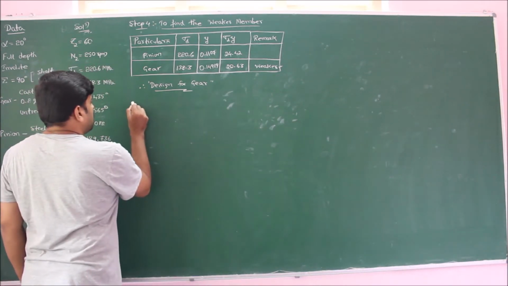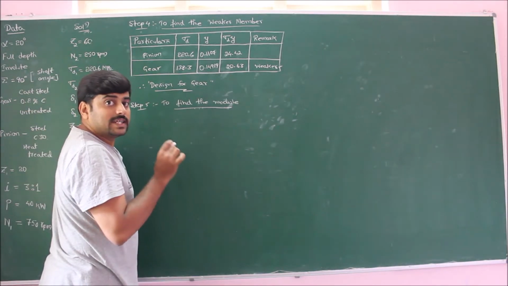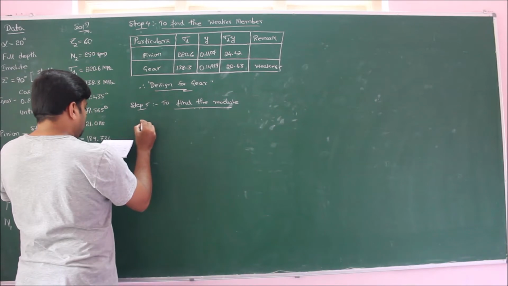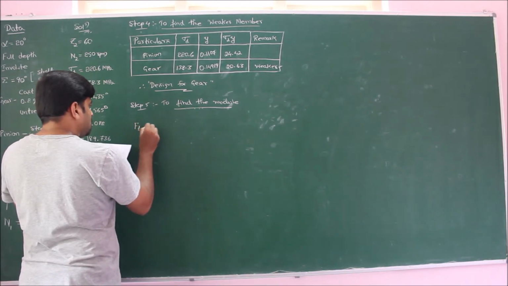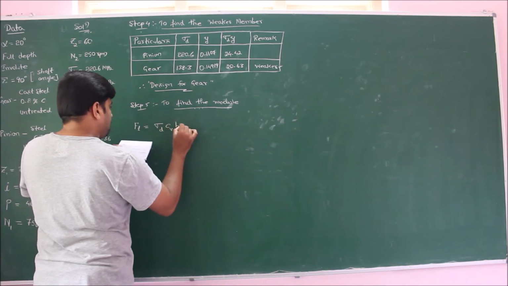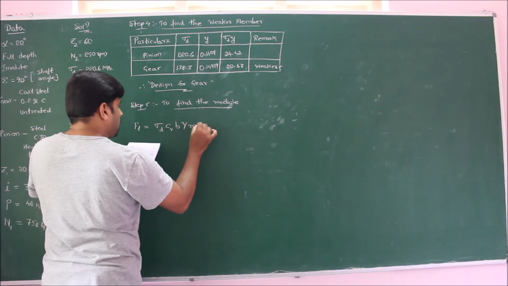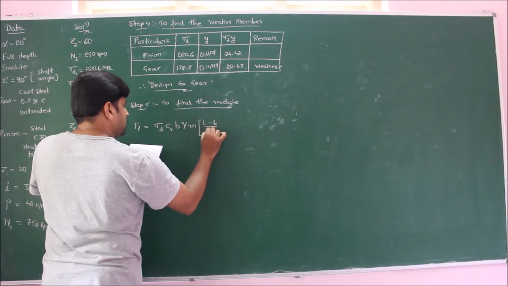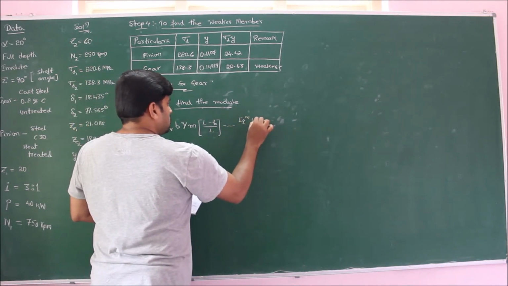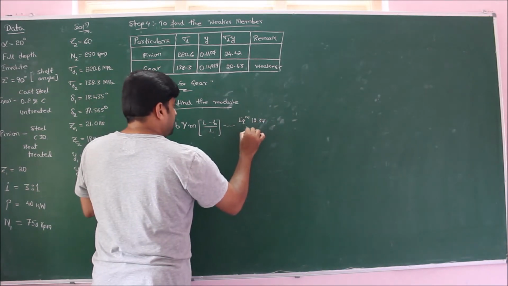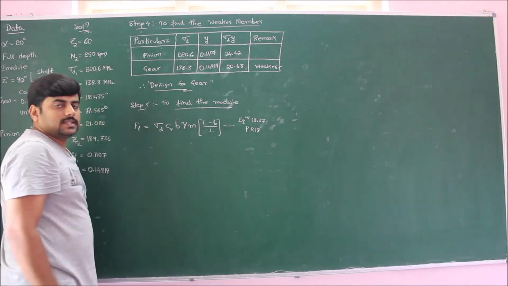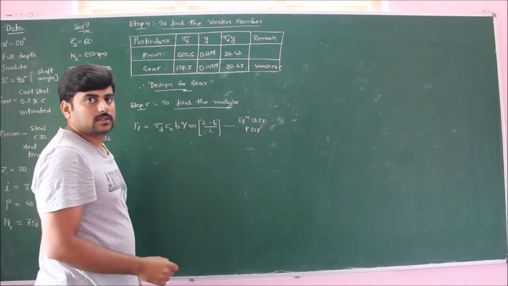Moving for step 5, to find the module, referring to equation 12.37, page number 218 of our design data handbook, we have the equation for tangential force as Ft is equal to sigma d Cv face width B capital Y into module times L minus B by L. So this is from equation 12.37, page number 218.